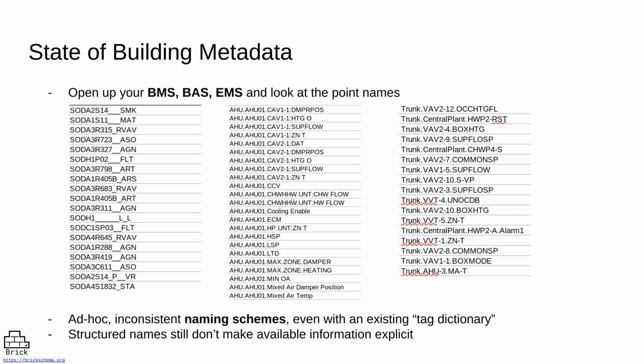And the result of this is these ad hoc and inconsistent naming schemes, even if there is a pre-existing tag dictionary. And even if you did have some structure to these names, not only are they going to be different across all of these buildings, but they still don't make all of that necessary information explicit about what is this data source, where is it, what is it doing, what is it relevant to.